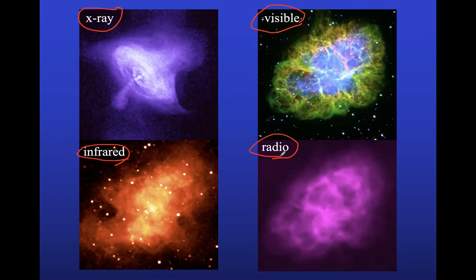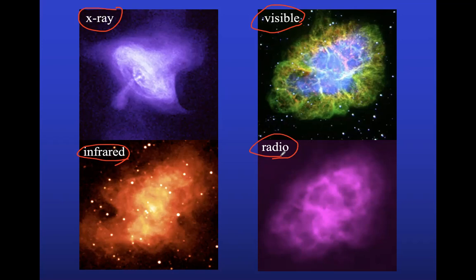Now you can understand why observations from different wavelength regions in the electromagnetic spectrum are very important, right? They give different kinds of information depending on the wavelength. And you can see visually that these four pictures are completely different and give unique kinds of information under different wavelengths, right?